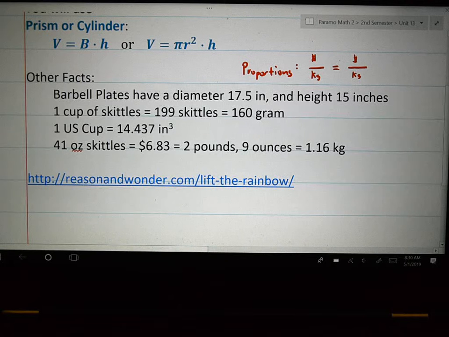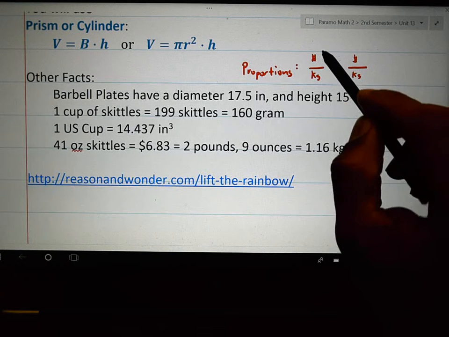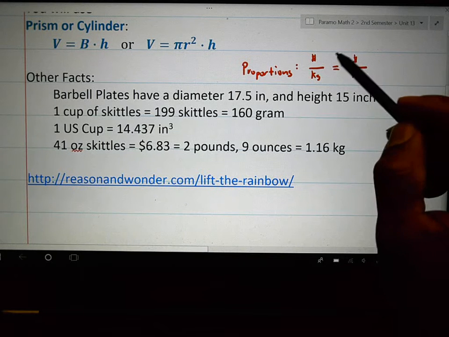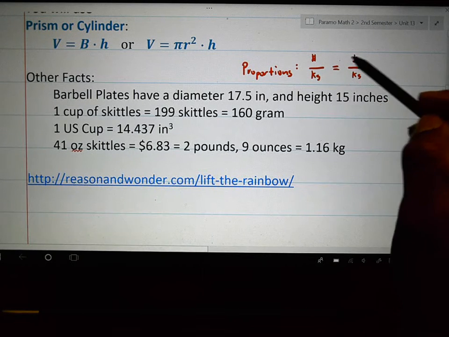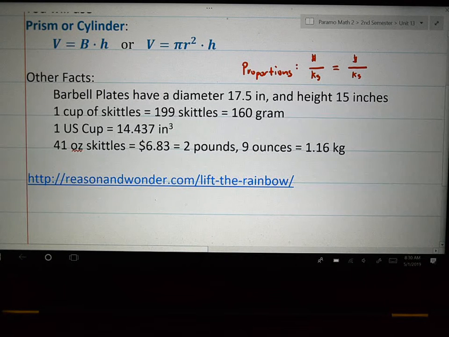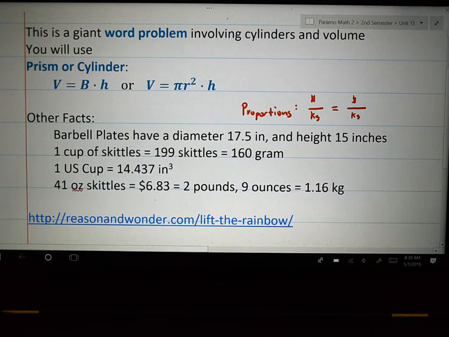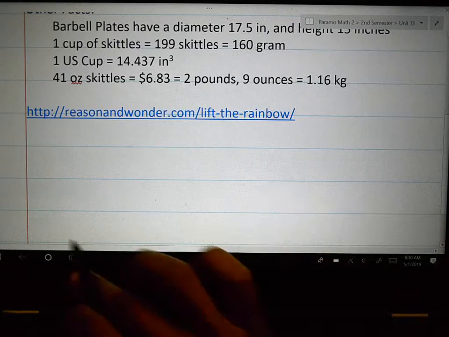In all of these problems, one of the ways I solved half of them was using a proportion, something over something equals something over something. If I knew the price per kilogram of a small bag, I could find the price per kilogram of the large cylinders. Now, there's a bunch of stuff you wrote down and you're wondering what the problem is anyway. Well, let me show you.